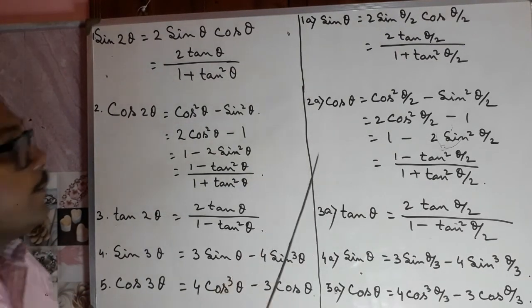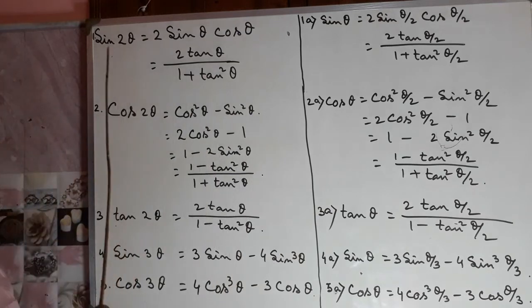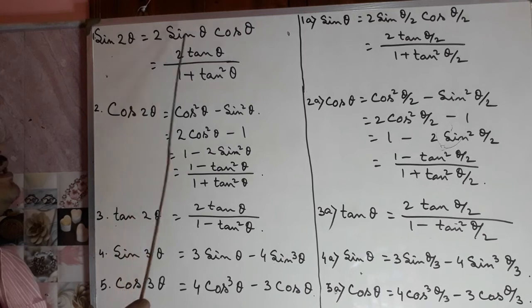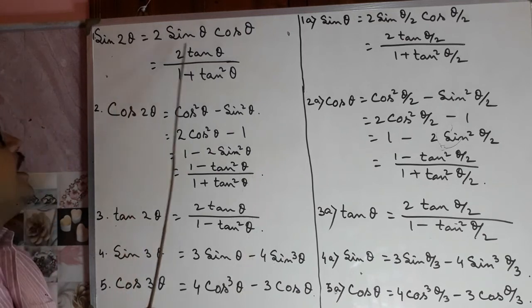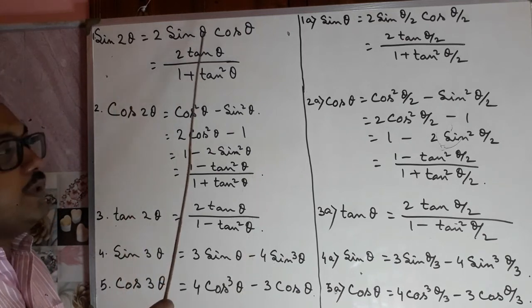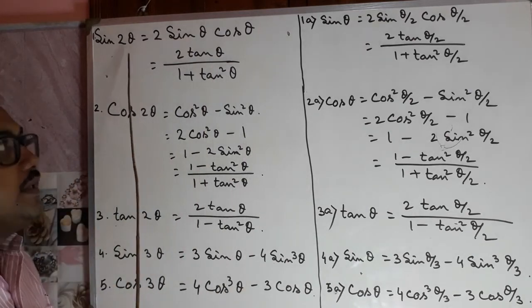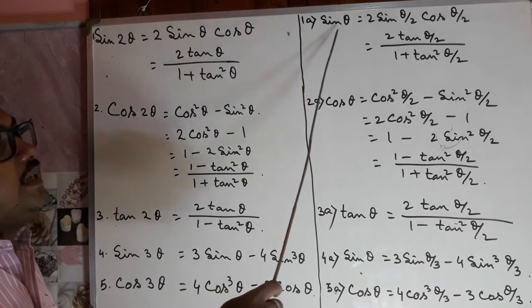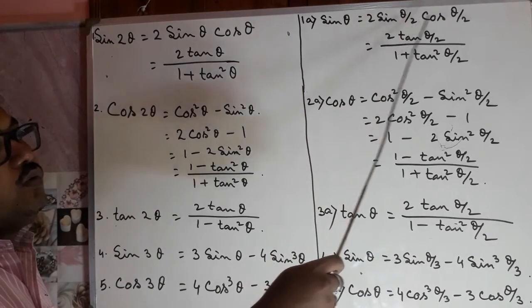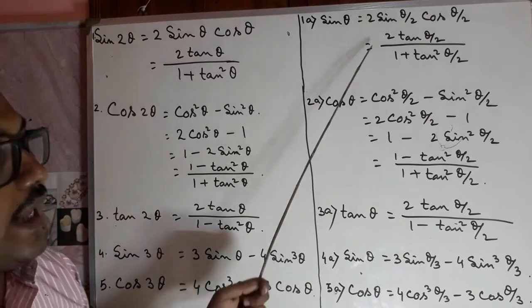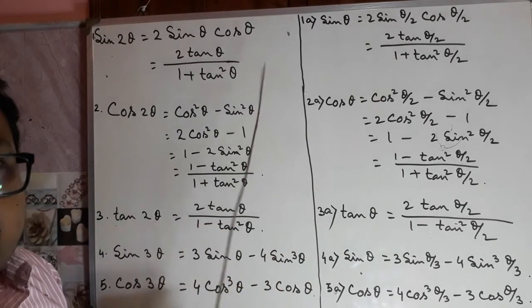How can we get half angles? Now in this first formula, if the angle θ is replaced by θ/2, then 2 into θ/2 is θ. So sin θ will be 2 sin θ/2 cos θ/2, or in the form of tan, 2 tan θ/2 by 1 plus tan² θ/2.